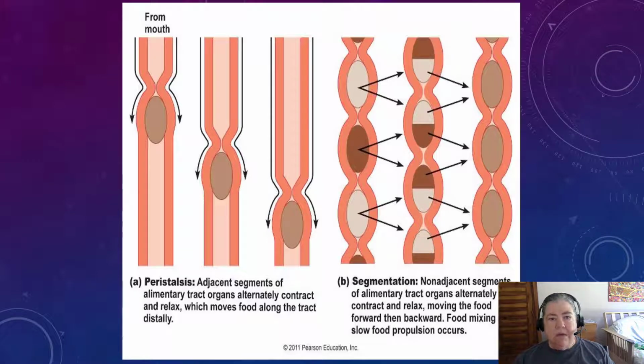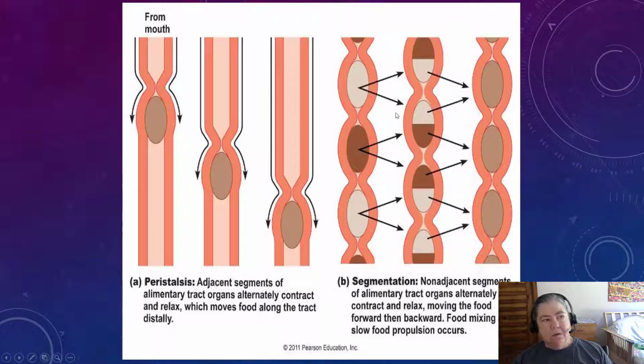So here again we have pictures of peristalsis in which a circular contraction forms because of distension at a bolus of food, resulting in constriction, which moves along the wall of the intestine, propelling that bolus forward.